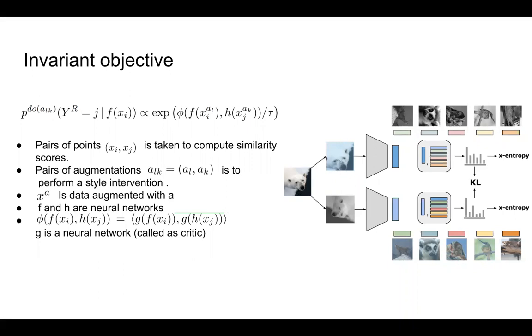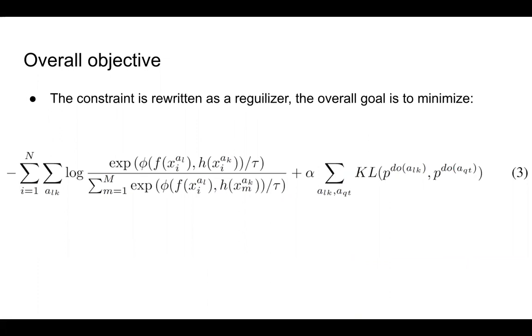So all the combinations, like there are 4 variables, right? There are 2 images, and each of them may have a different style. So for every possible combination, you want to compute this probability P here, right? In this formula, yes. And then once you have that, you aggregate all of them together. You can see this is the final objective.